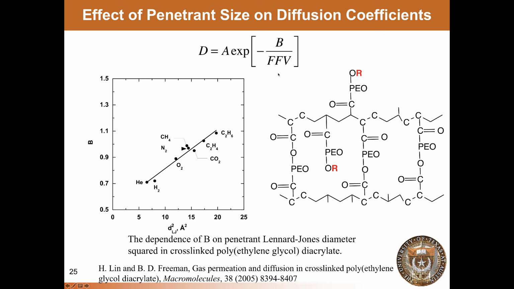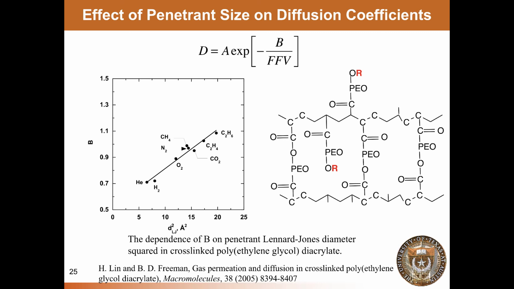And it turns out that this comes about as a result of the fact that if you think about how to open gaps in a polymer matrix via thermal motion that would allow diffusion steps to occur, it requires very little energy to open a small gap in a polymer matrix.